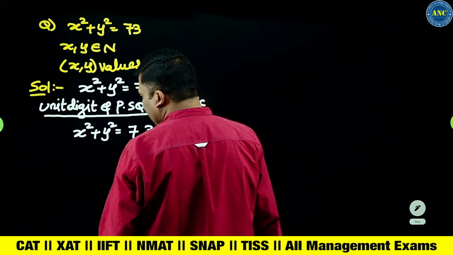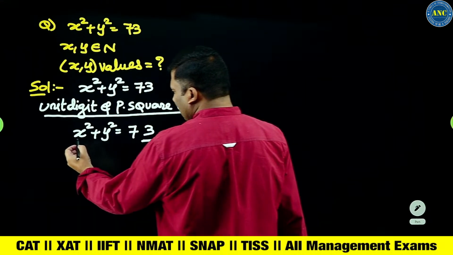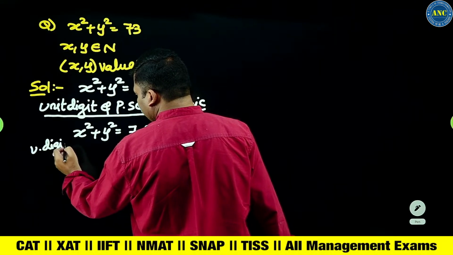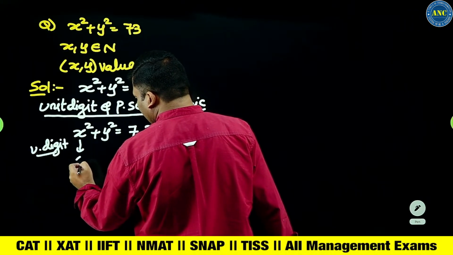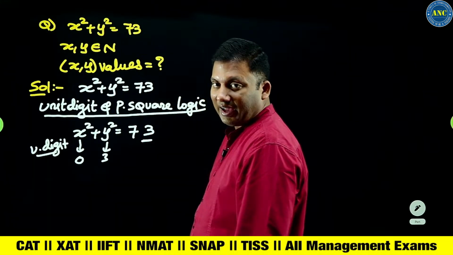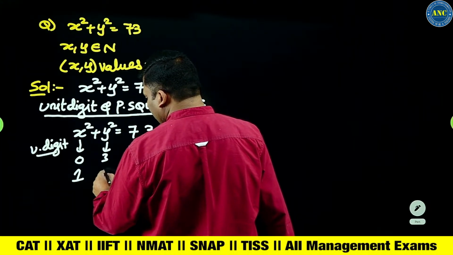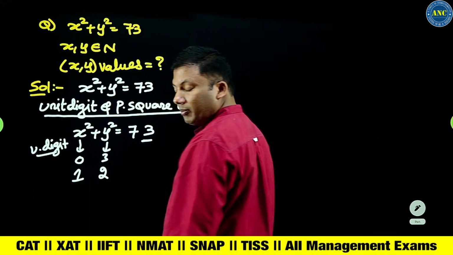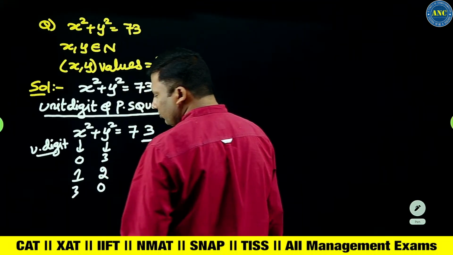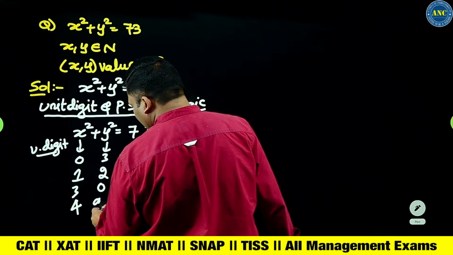Right hand side it is 3. Right hand side 3 means these unit digits can be 0 and 3, 0 plus 3 is 3. Am I right? This can be 1, this can be 2. This can be 3, this can be 0. This can be 4, this can be 9.